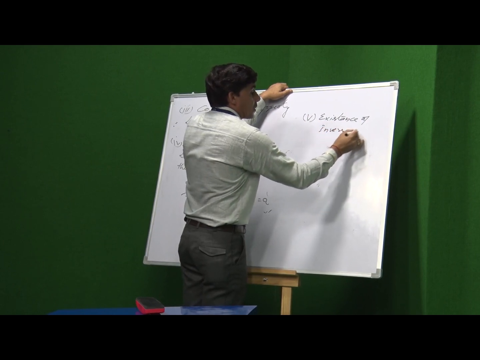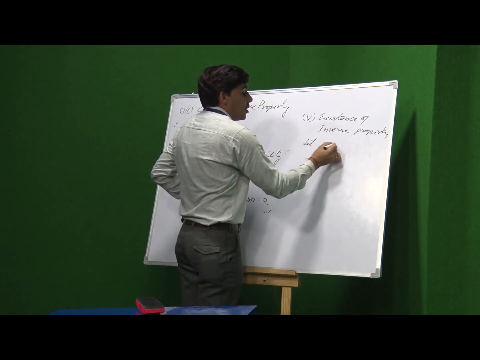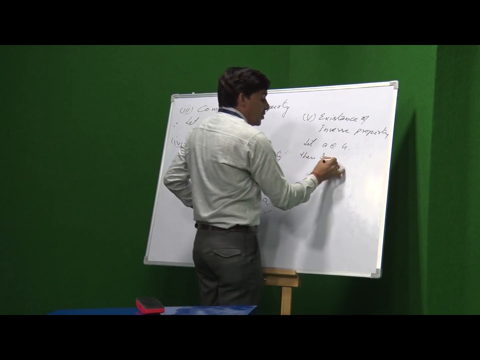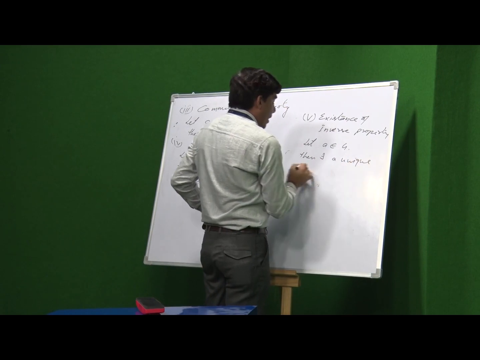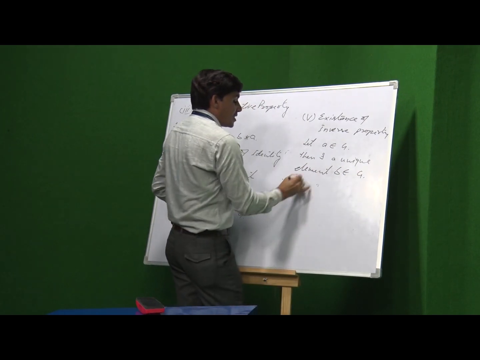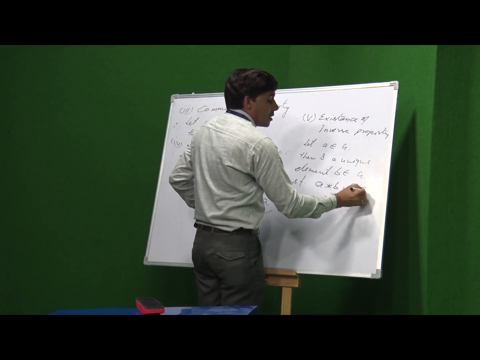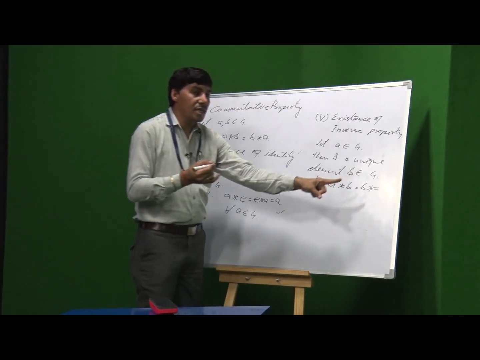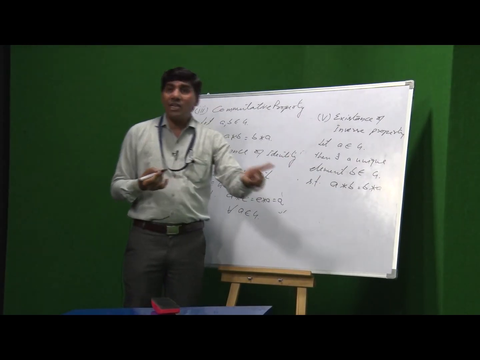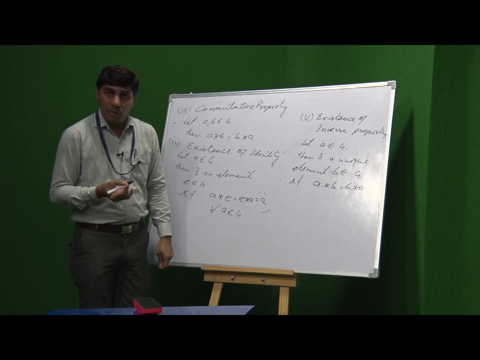Let A belong to G, then there exists a unique element B belonging to G such that A star B is equal to B star A is equal to the identity E. E is the identity element according to the fourth property. Then B is called the inverse of A and vice versa, that means A is the inverse of B.